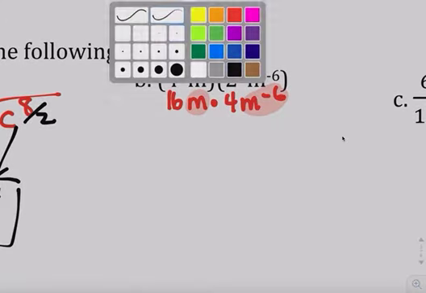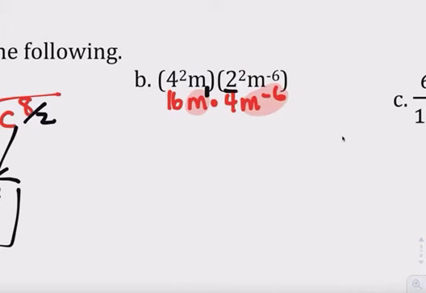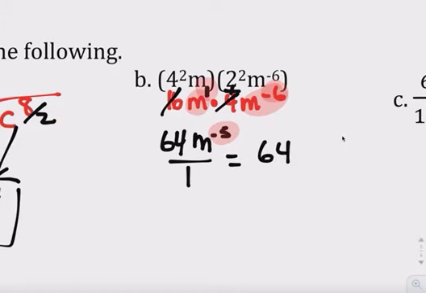Now this one has an exponent of 1, so we add that together. 1 and negative 6, you get m to the negative 5, and 4 times 16 is 64. Now because this is negative power rule, it goes to the bottom, so it becomes 64 over m to the 5th.